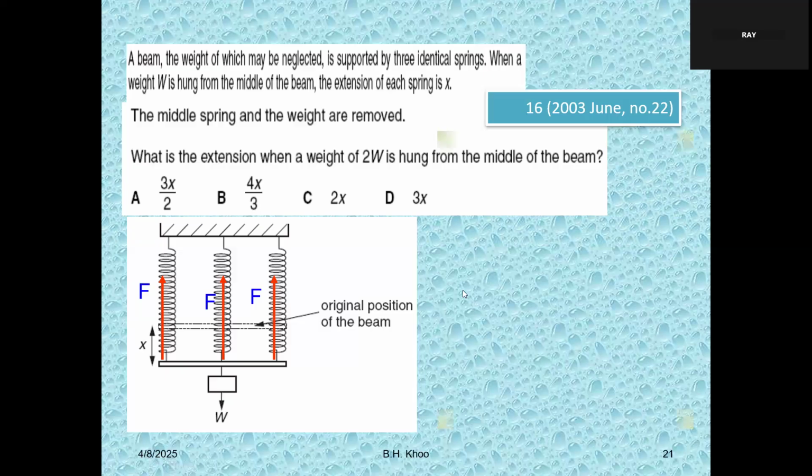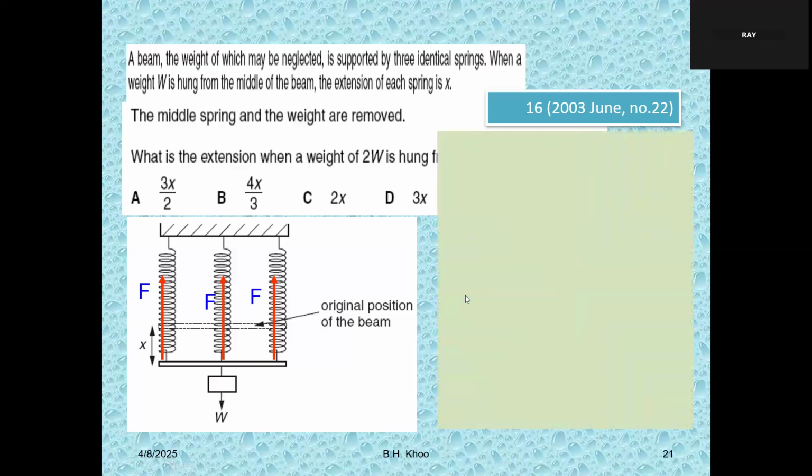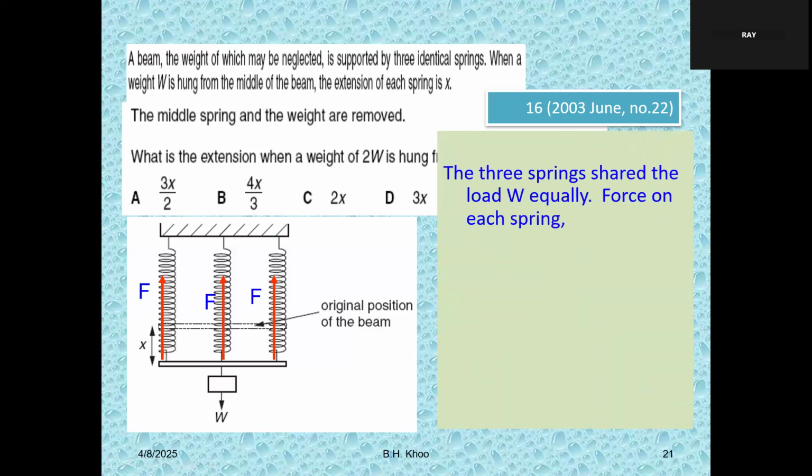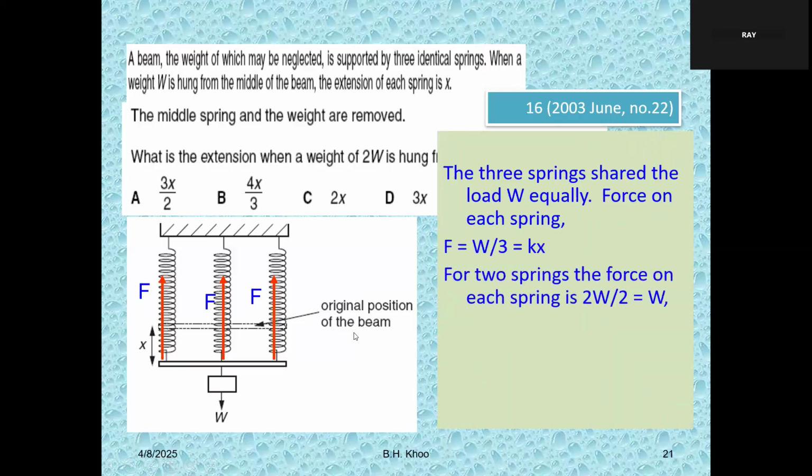Identical springs. So three springs share the load W. So force on each spring is W divided by 3. They share the load W. So the force divided by 3 equals Kx.